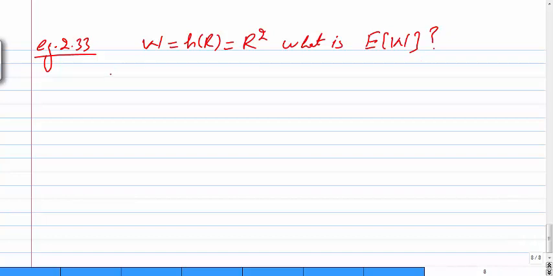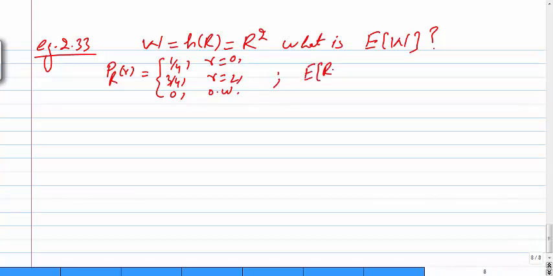If you remember, in the previous example we have P_R(r) given as 1/4 for r equal to 0, 3/4 for r equal to 2, and 0 otherwise. And we also know that the expected value of R is equal to 3/2.